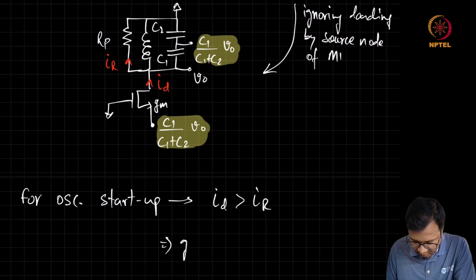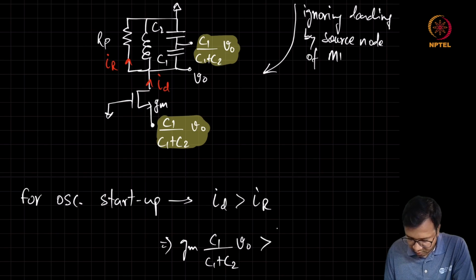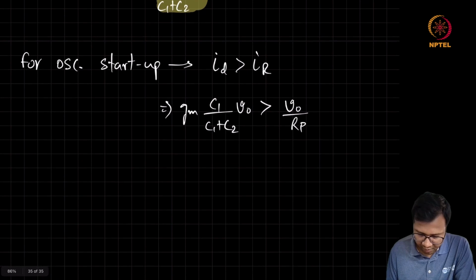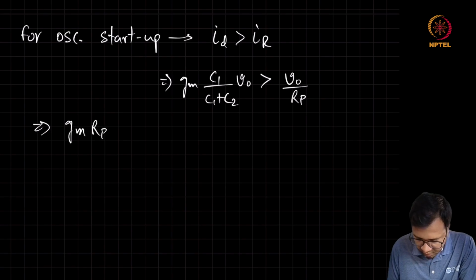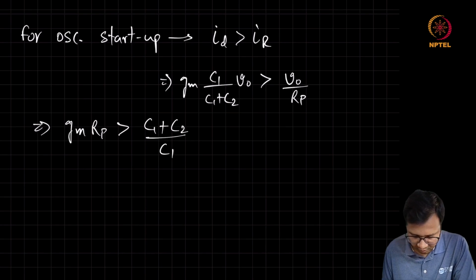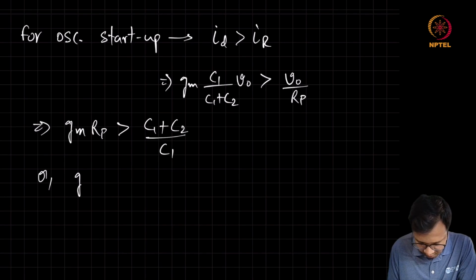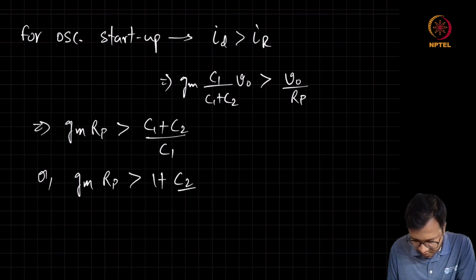So this is going to be Gm times C1 by C1 plus C2 V0 to be greater than V0 by Rp, that is IR, implies Gm Rp to be greater than C1 plus C2 by C1, or Gm Rp to be greater than 1 plus C2 by C1.